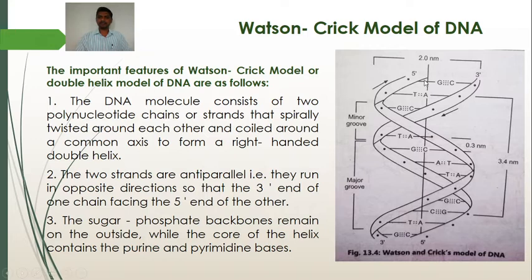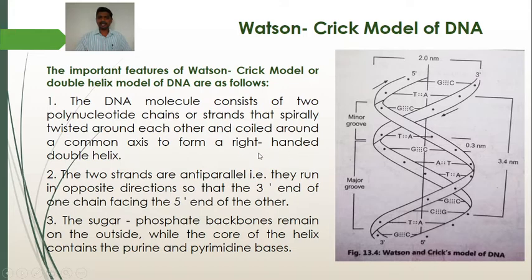Here we can see the central line that we call the common axis. So these two strands are coiled around this common axis to form a right-handed double helix.